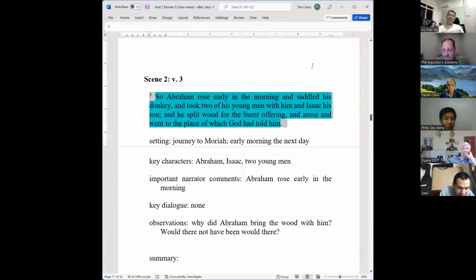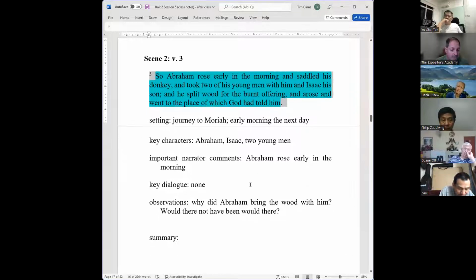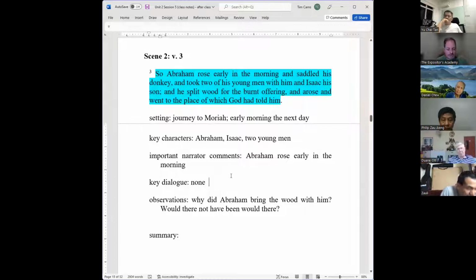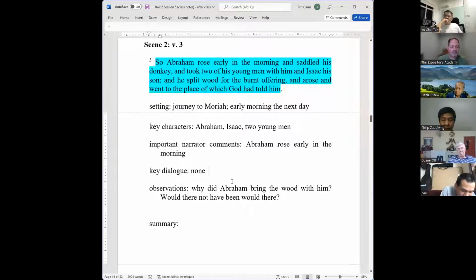So obviously there are some details here that he felt were important, either to carry the story along, or maybe there's a detail here, like Abraham getting up early, that the author wants to make sure we understand. And so he adds this verse 3, this second scene, to give us a few details, but there's no dialogue. The author didn't choose to include any of that.